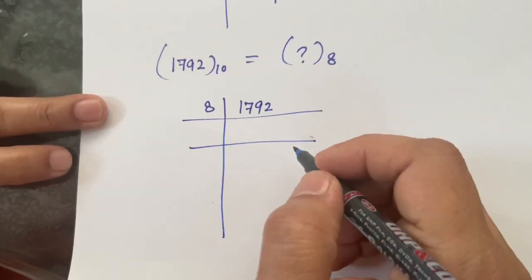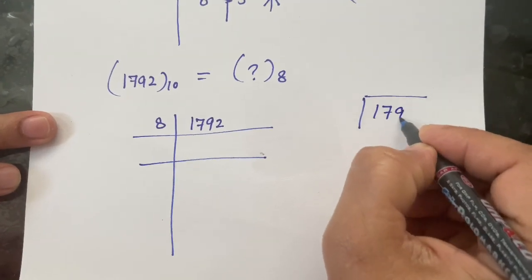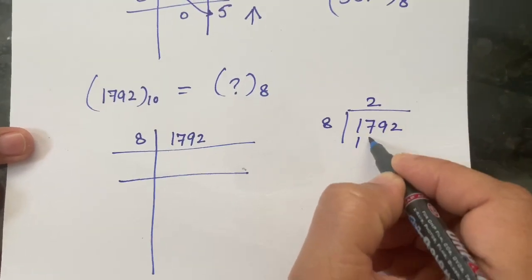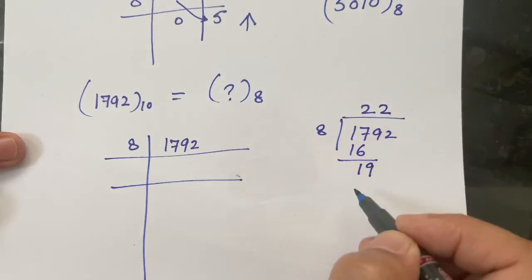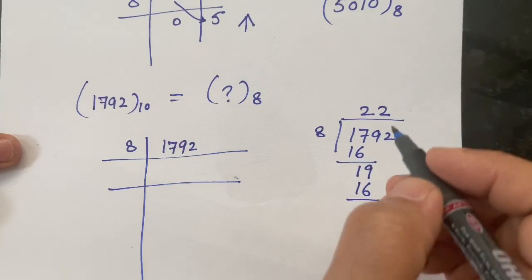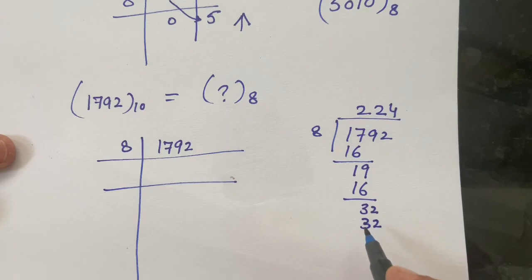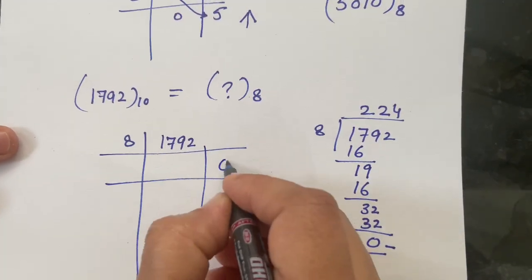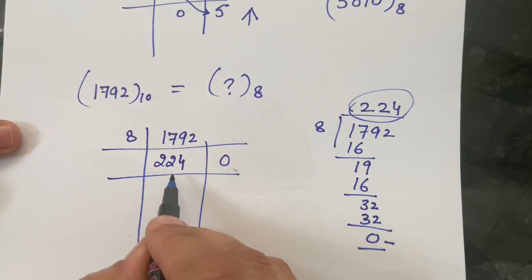Children, if you find it difficult, you can do it this way also. 1792, 8 2s are 16, and then again 8 2s are 16 and 8 4s are 32. So we will get the remainder. This remainder we will write down here, and the quotient we write here. So we will get 224.